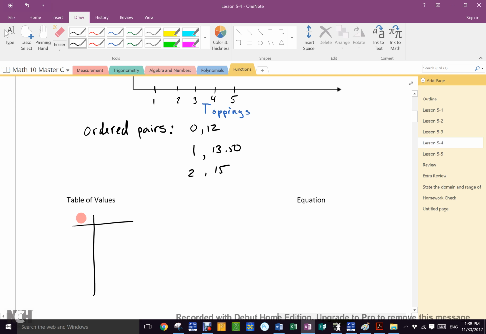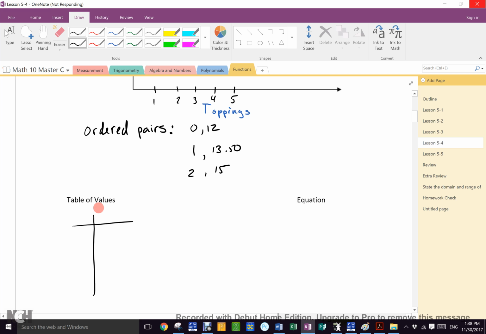In this case, it's toppings. But that's only in this case. I want every T-chart or table of values. Input is getting close. Output. The independent variable.